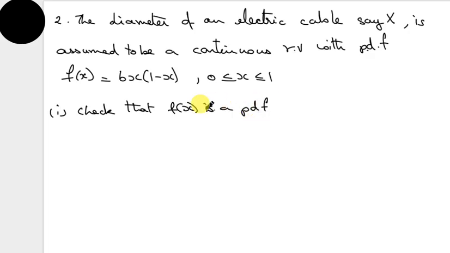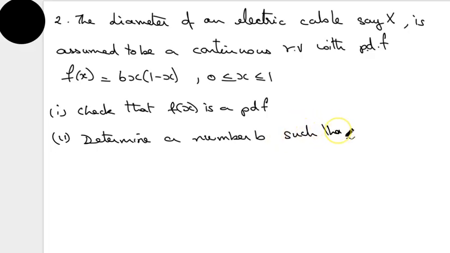Then, if it is a PDF, determine a number b such that probability of x less than b equals probability of x greater than b.